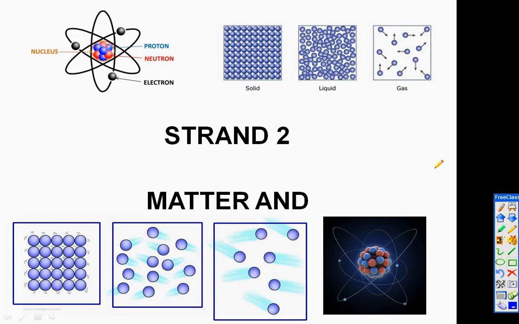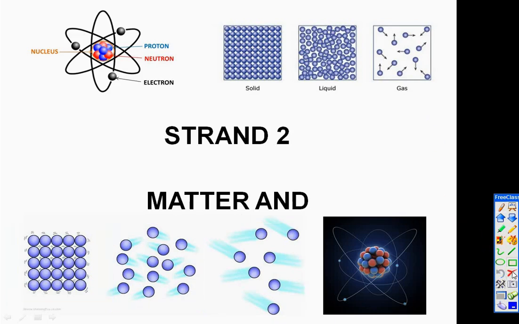But in grade 7 we are going to learn that particles are also called atoms. Here is a picture of an atom, and we're going to go further in this term. I'm going to teach you exactly how atoms work and how matter and materials consist of particles. I'm going to go to the next slide.